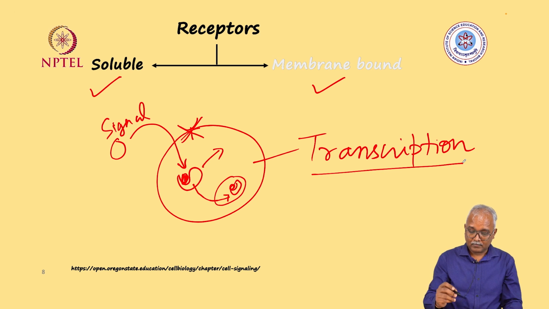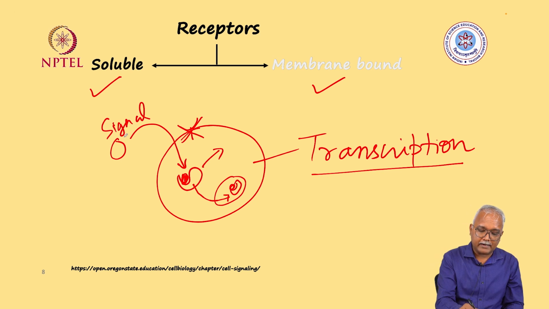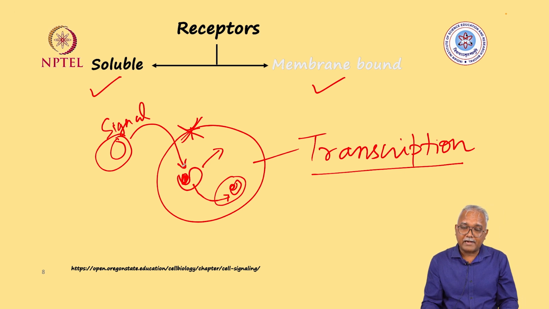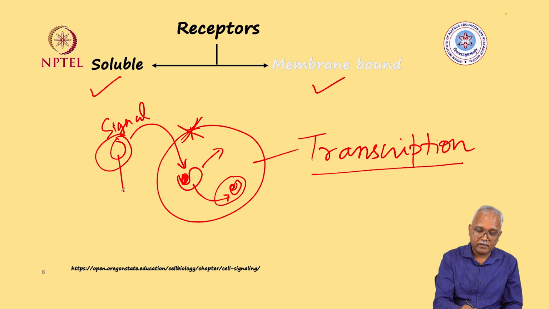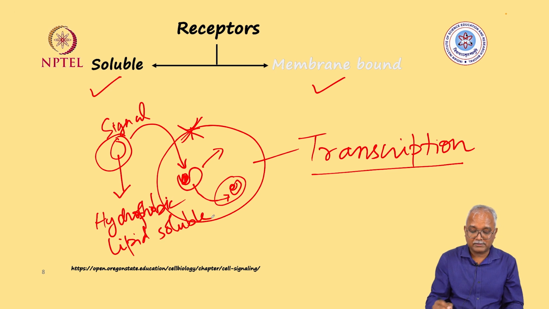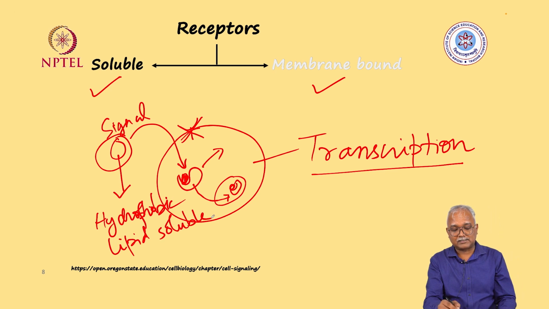That the property of ligand which can actually cross this lipid bilayer, it has to be hydrophobic or lipid soluble. Right, you agree with that? Because if it has to enter inside the cell, it must cross this lipid bilayer.